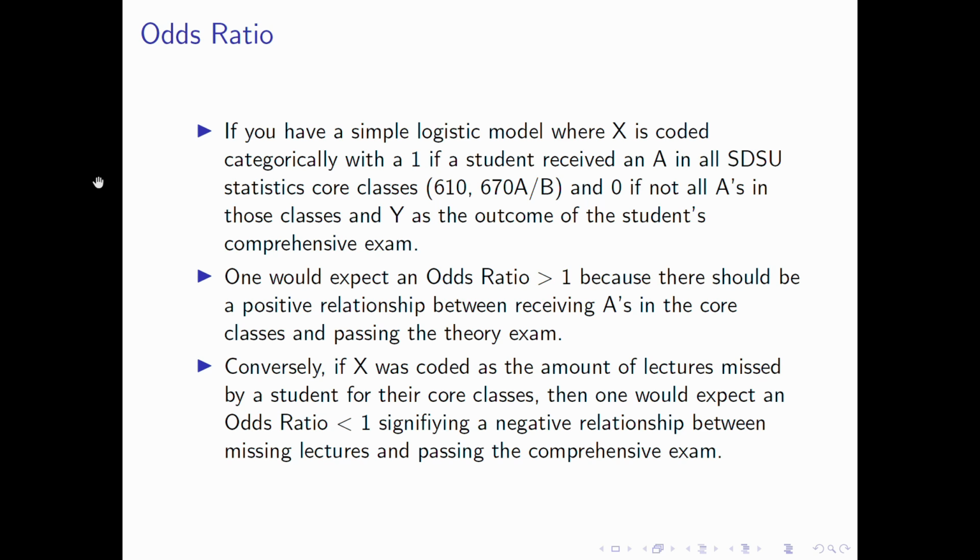Conversely, if x was coded as the number of lectures missed by a student for their core classes, then one would expect an odds ratio less than 1, signifying a negative relationship between missing lectures and passing the comprehensive exam.